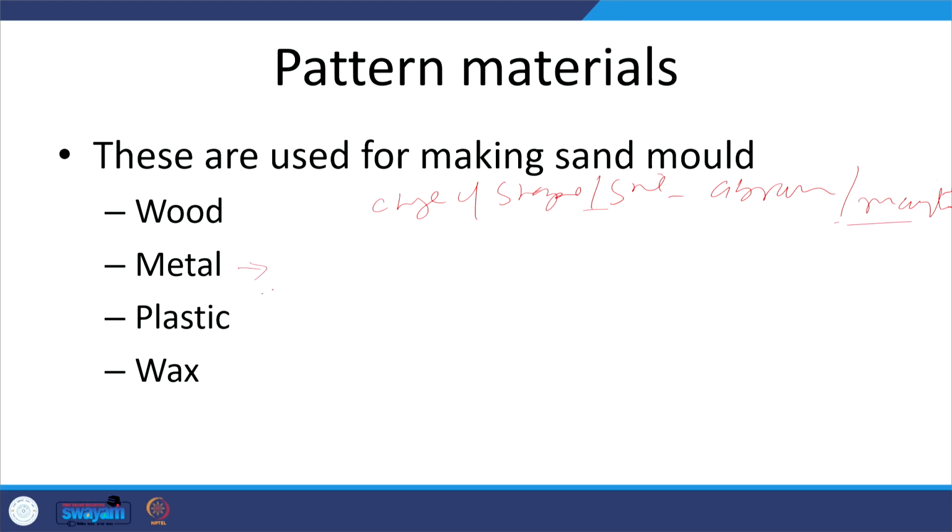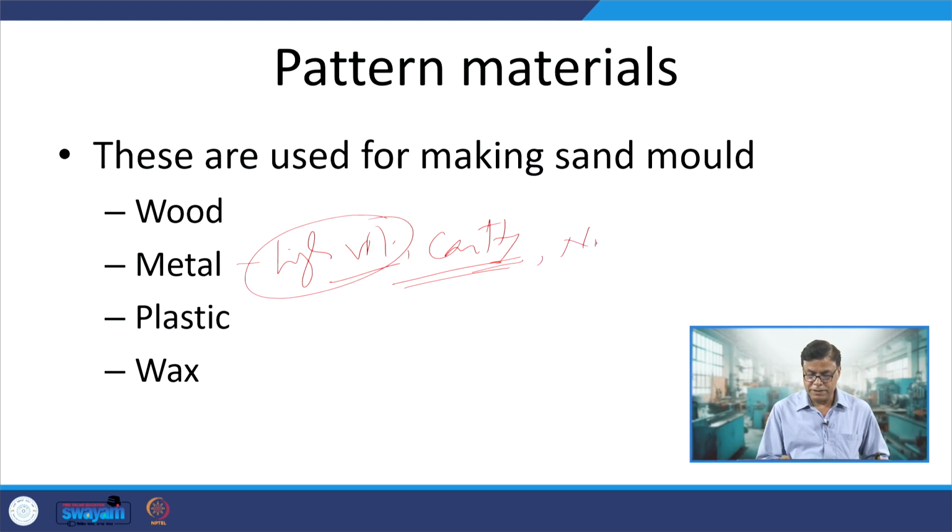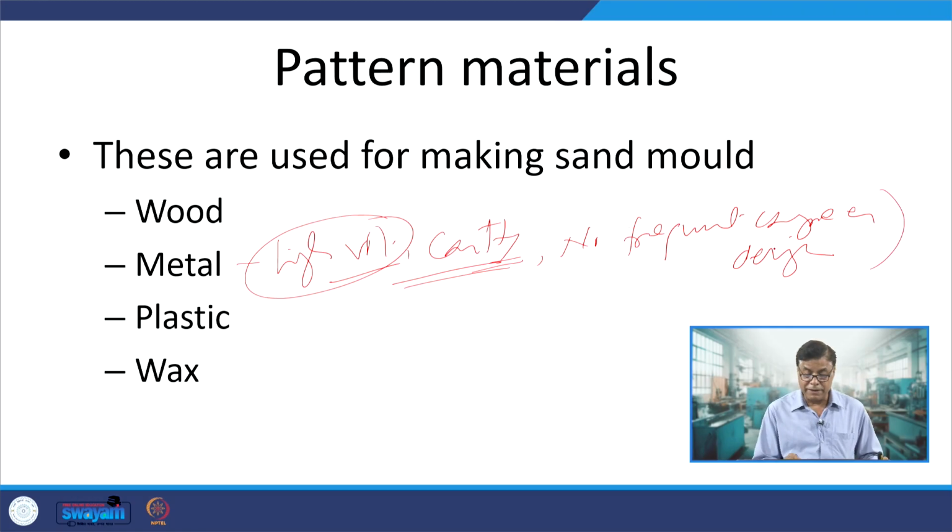Metallic patterns are particularly preferred for high volume production. These are justified, and they are costly also. Because of the high cost, metallic patterns are costly to make, so they are justified only when the number of units to be produced is very high and there is no frequent change in design. If that is the case, then metallic patterns are preferred.